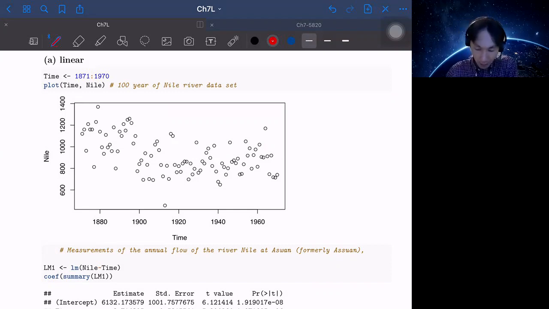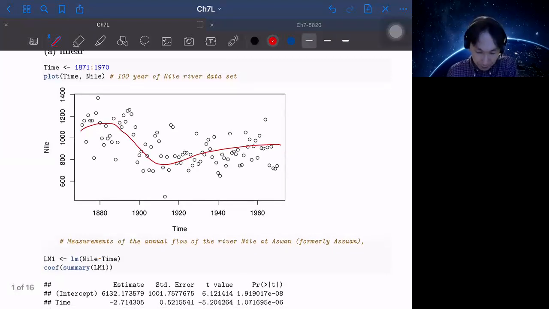And you can see that the water level is higher until maybe 1900. Then after that, it gets lower. Recent years, possibly slightly higher. So like this. So it's not a very simple trend.